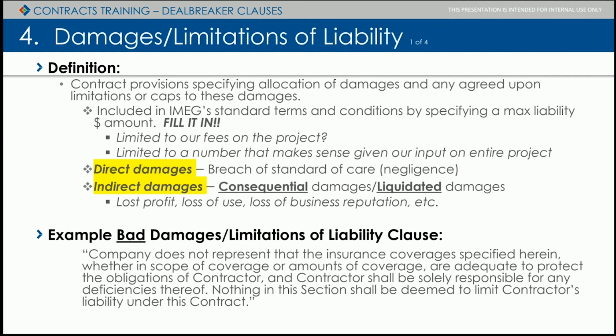Where we really can get in trouble, and what makes me worry about things on these sometimes, is the indirect damages, and those are either consequential damages or liquidated damages. Why they're called indirect is because they don't directly relate to the problem itself. It's not the correct vent, and ripping it out and reinstalling. It is, for example, delay.